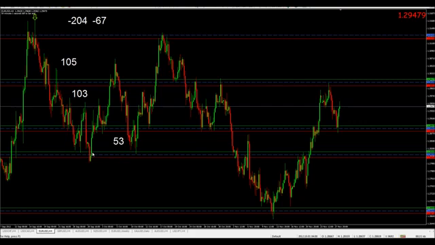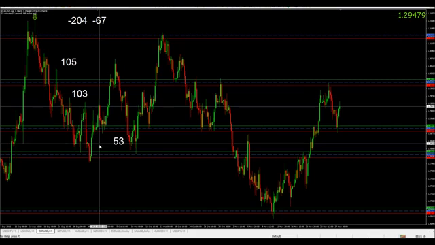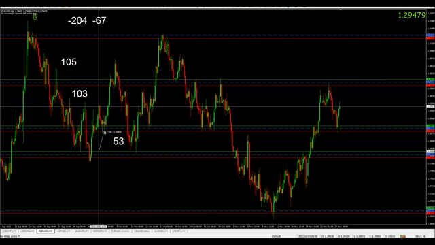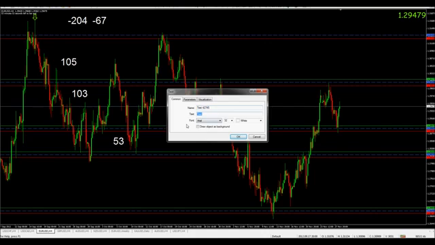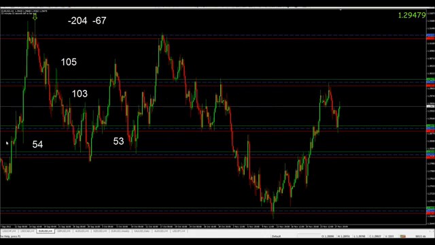And so this buy would close at the next sell position, which is 54 pips, right? So we'll put 54 pips there, and these both would be less 54 pips.